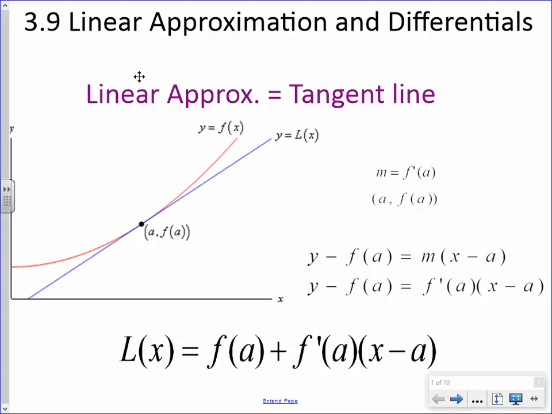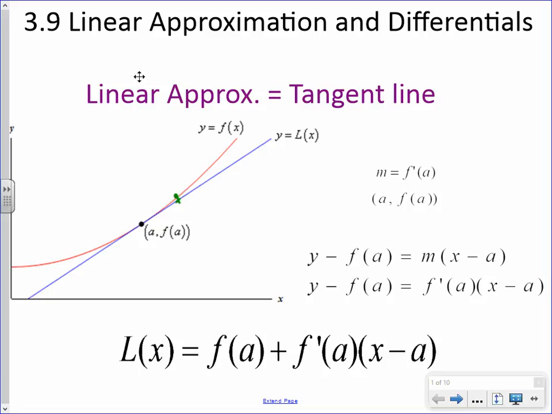But what we can do is, let's say that we want to approximate this y value right here. What we can do is just move along the tangent line and use that x value to figure out the value that would be on the tangent line, but pretty darn close to being the y value on the curve. Does that make sense? So we'll move along the tangent line to approximate a value on the curve, but we know that it's not going to be the exact value, but it should be close.